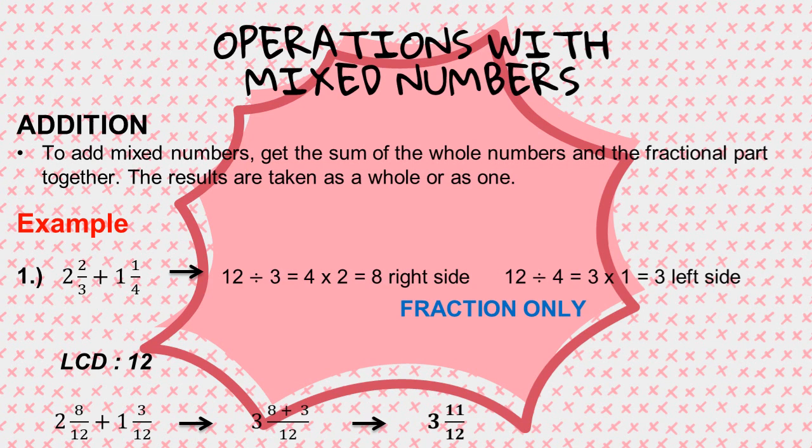We have 8 plus 3 over 12. And then for the whole numbers, add lang natin sila. So 2 plus 1 is 3. Therefore, our final answer is 3 and 11 over 12. So that's the answer in example in addition of operation with mixed numbers.